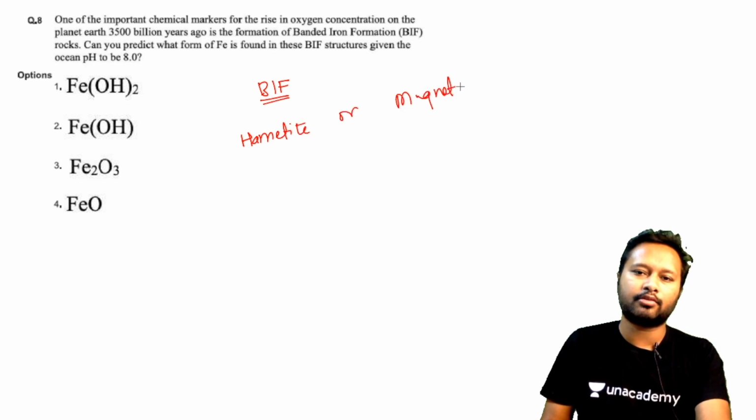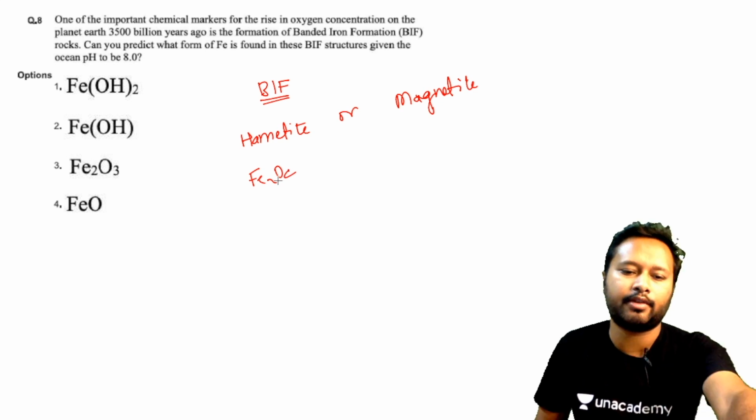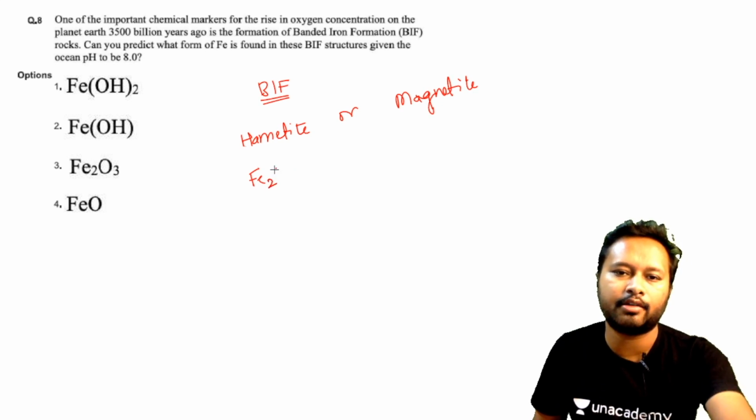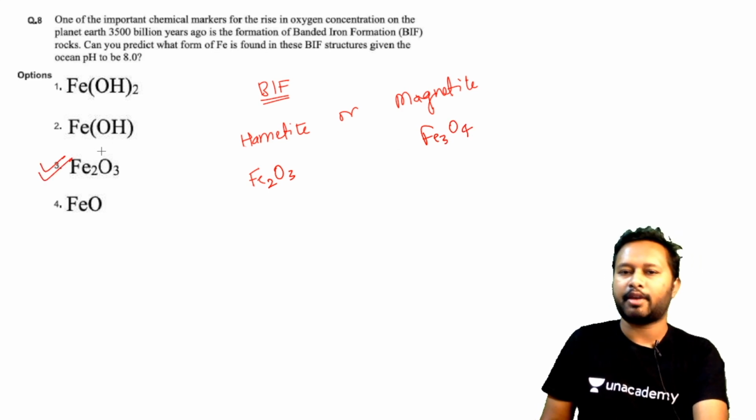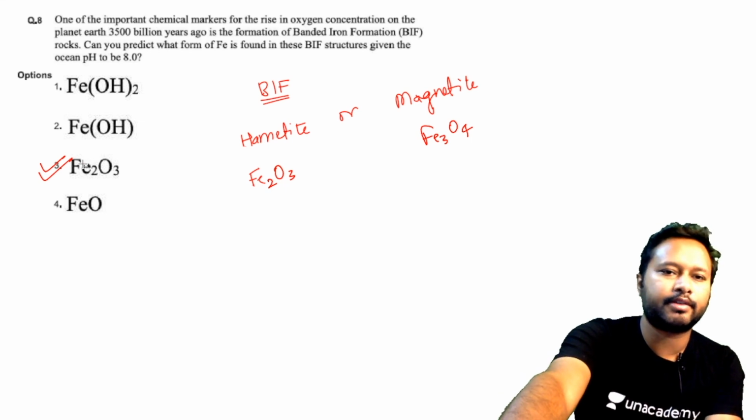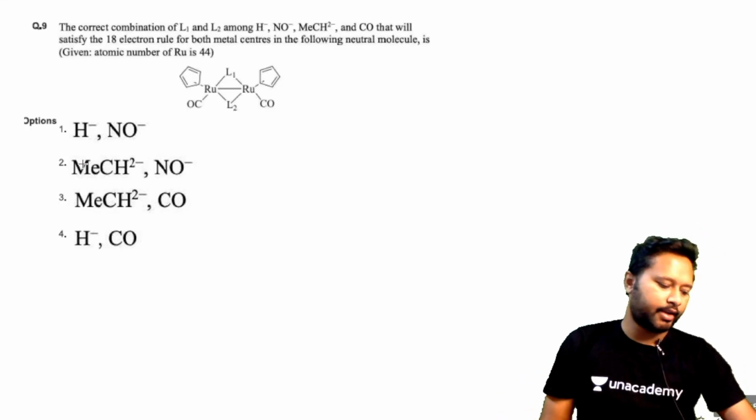Okay, so any of these are responsible for that. So hematite has a formula of Fe2O3, right, and magnetite has Fe3O4. So among these two, only this one is given. So the answer will be option number 3 because of hematite. Okay, that's the answer.